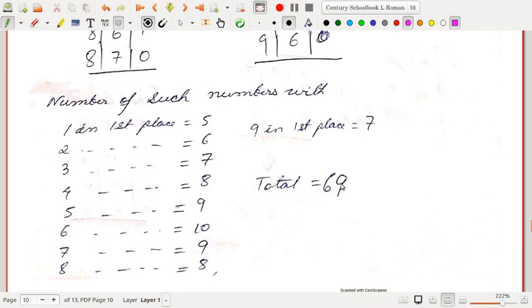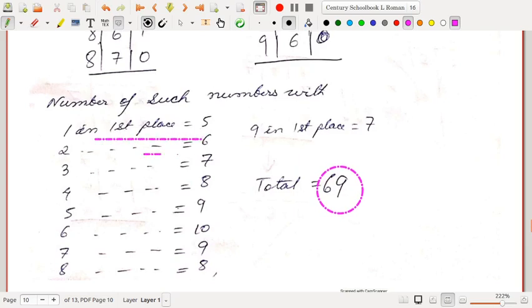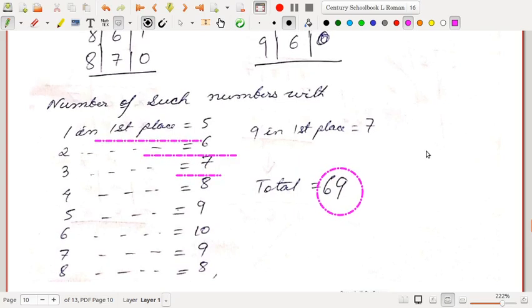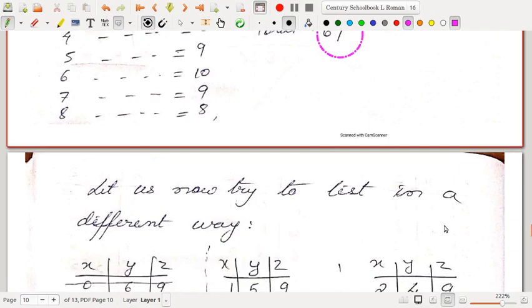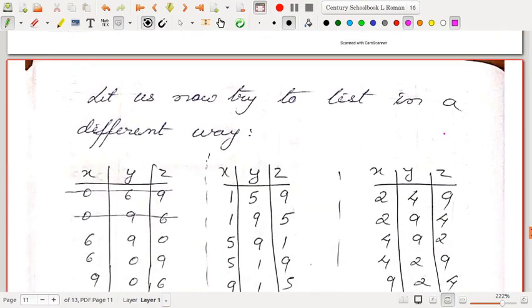That way I get a total of 69 numbers. So try to do it yourself and see whether you get 69 numbers or not, and compare 1 in the first place, 2 in the first place, 3 in the first place. There may be some mistake in whatever I have done also, so please verify yourself. Now let us list the same thing in a different way.